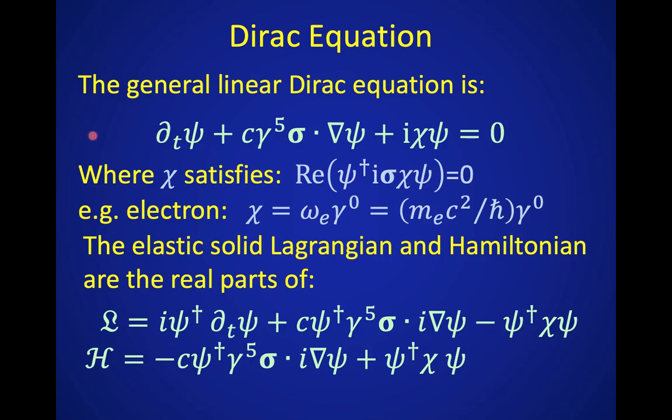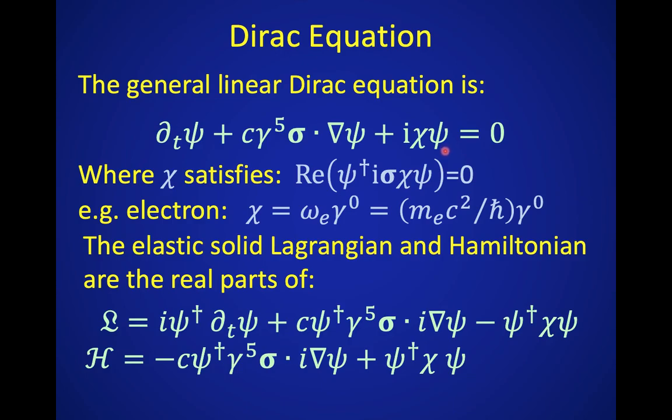So the general linear Dirac equation has a partial time derivative, has a convection term involving a gradient and a wave velocity operator, and then also has an imaginary term which will drop out when we start computing observable quantities.